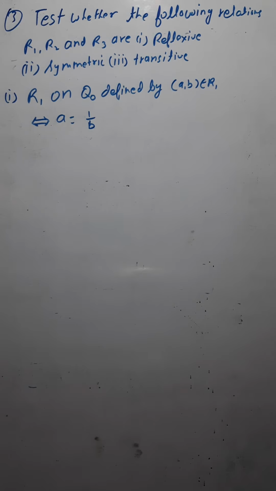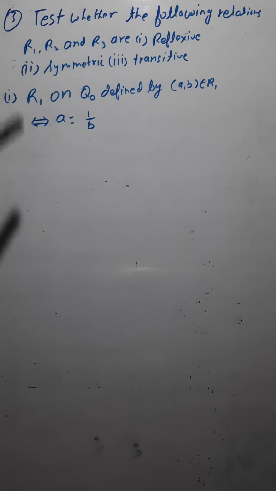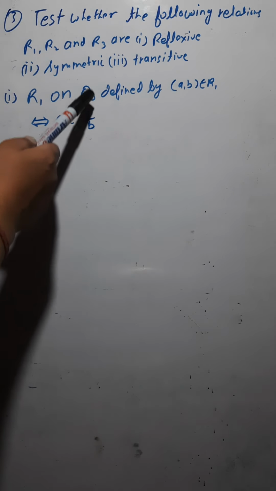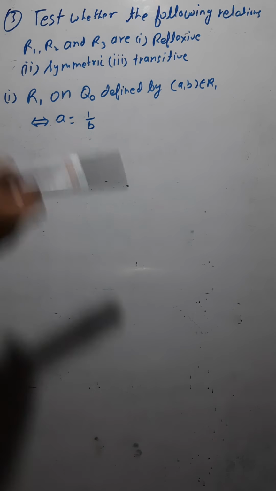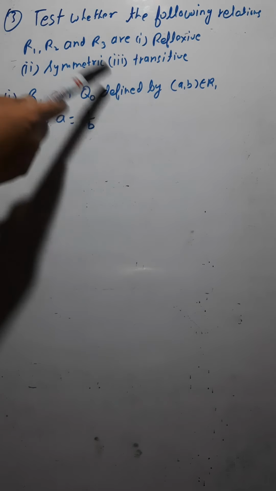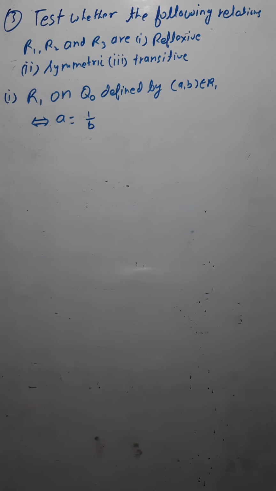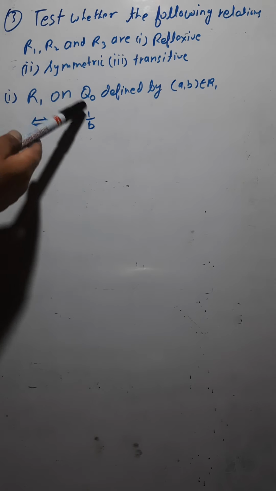Now let's move towards the next question. The question is: test whether the following relations R1, R2 and R3 are reflexive, symmetric and transitive or not. The first part of the question is R1 on the set Q0, where Q0 means all the rational numbers excluding 0. You would be taking all the rational numbers, but you would not be taking 0. So all the rational numbers excluding 0 would be known as Q0.